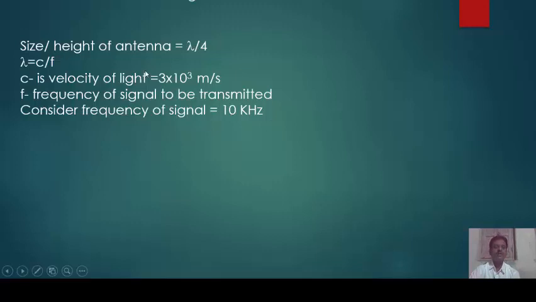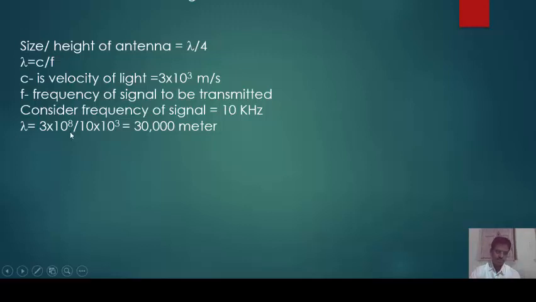Then let us find out how much size of antenna is required, and therefore the lambda is equal to 3 into 10 raised to 8 divided by 10 into 10 raised to 3. Okay, by using this formula we have to calculate the wavelength, and if the wavelength is divided by 4, we get the size of antenna. Therefore, for that purpose, let us find out the wavelength lambda.